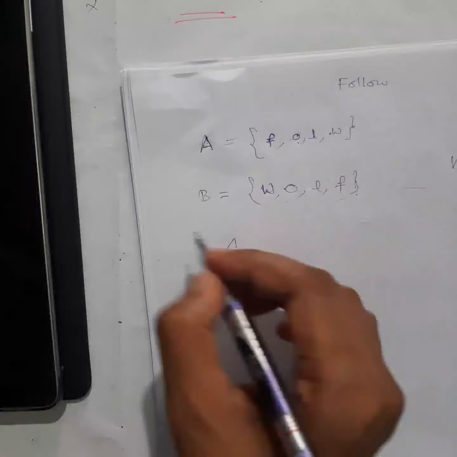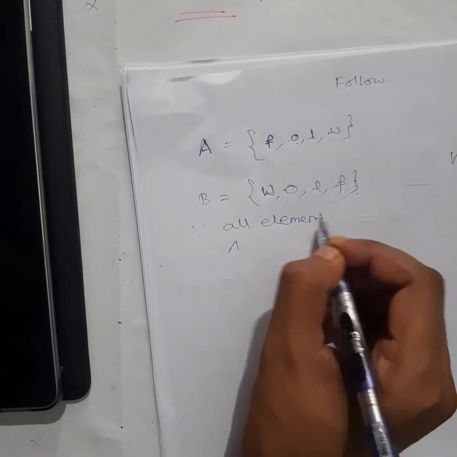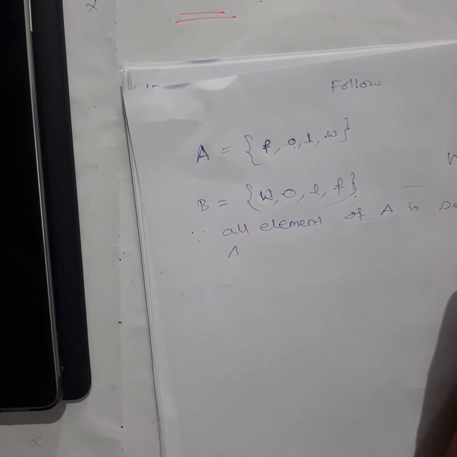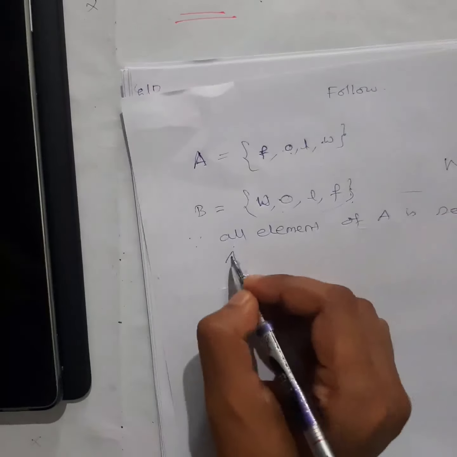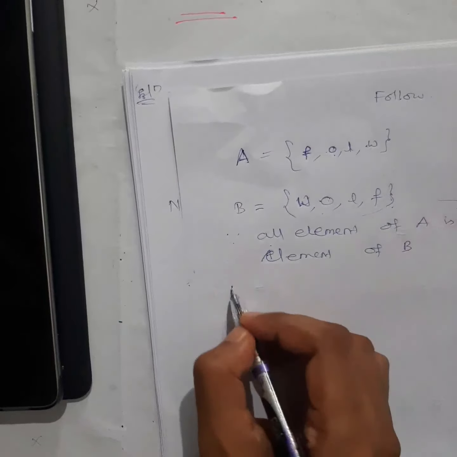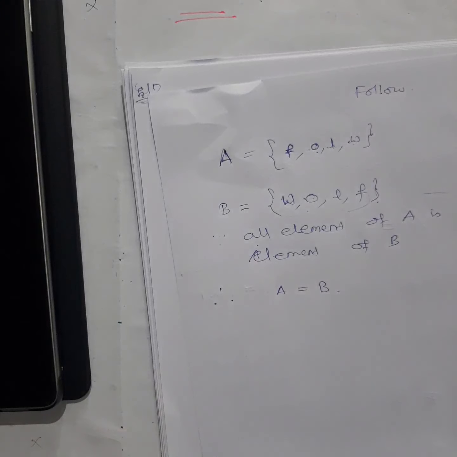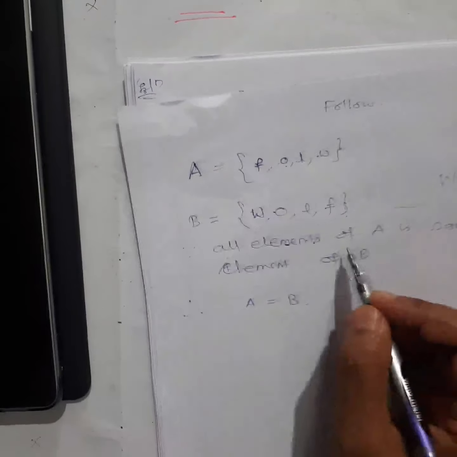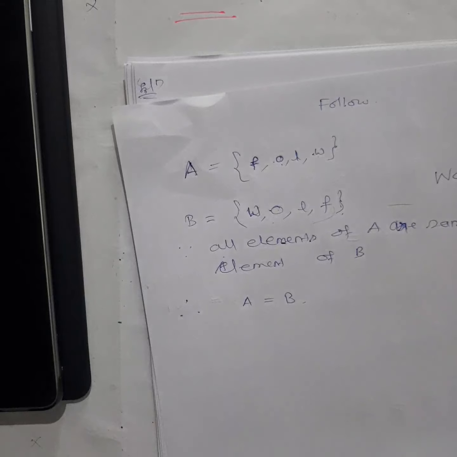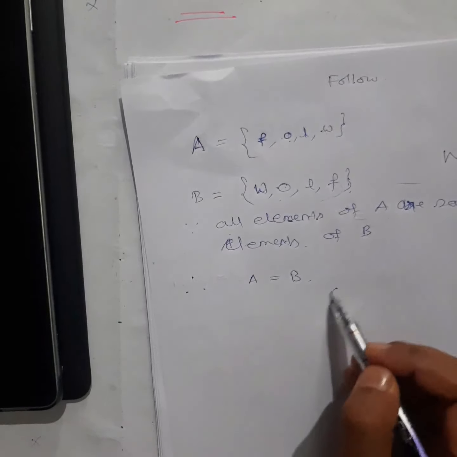So we can write: since all elements of A are the same as the elements of B, therefore A is equal to B.